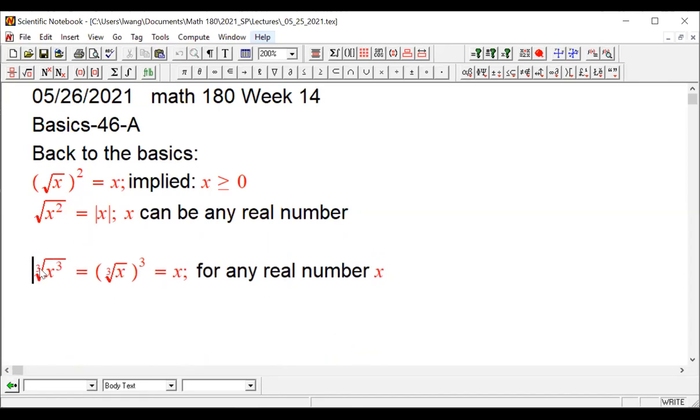So that's the cubic root. Remember we have a cubic root function in the table in basic 1. What's the domain for that? All real numbers. If x is positive, it comes out positive. If x is negative, it comes out negative. It's always true. If it's 0, it comes out 0.